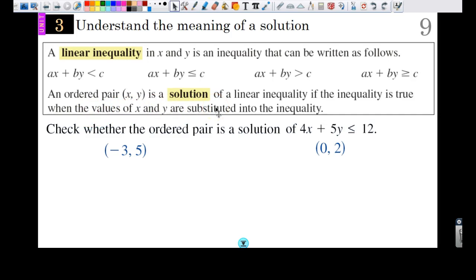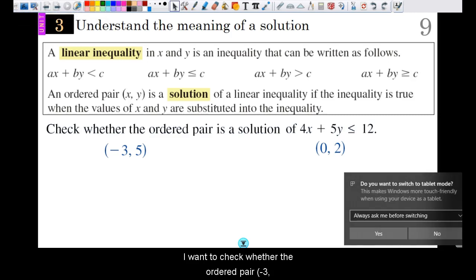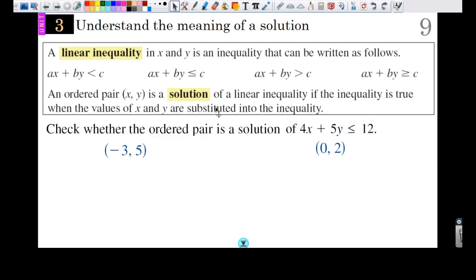For example, if I want to check whether the ordered pair (-3, 5) is a solution to the inequality 4x plus 5y is less than or equal to 12, all I have to do is substitute in the values of x and y into the inequality. So 4 times -3 plus 5 times 5.